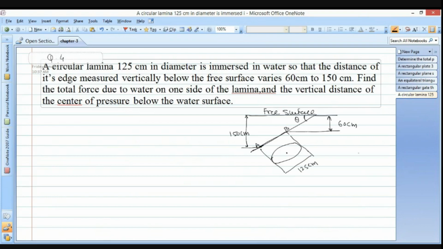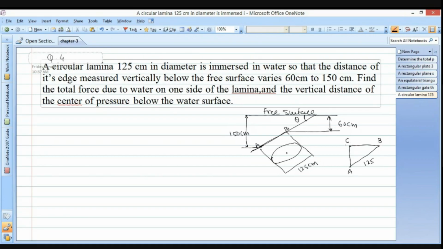Suppose I plot one diagram here. Suppose this point is C, here is point B, and in the downward direction is point A. We know that AB is 125 centimeters, which is the diagonal of the surface.